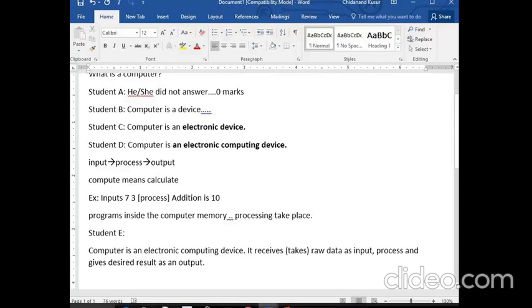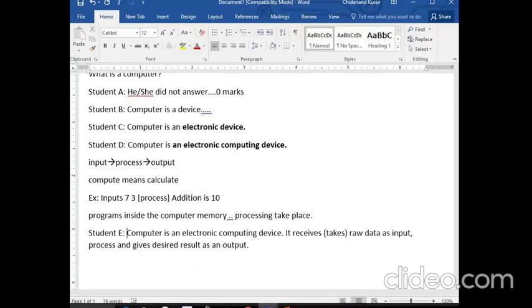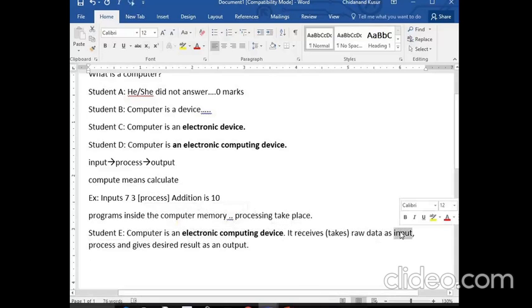Oh, excellent. Student E's answer is more appropriate. Computer is an electronic computing device, and it takes raw data which is not processed as input. Then it will process it and gives the desired result as an output.